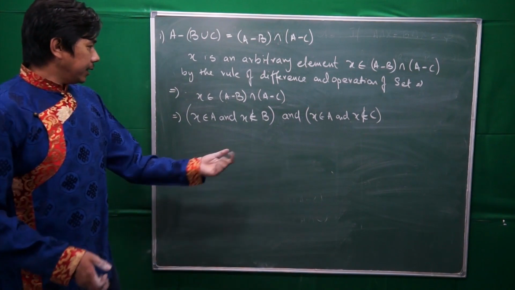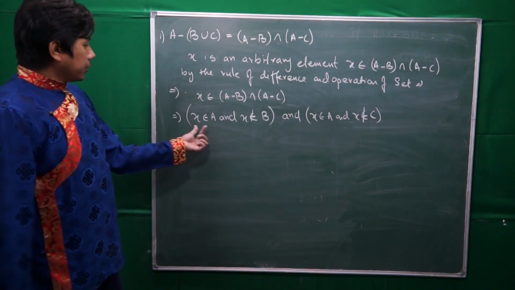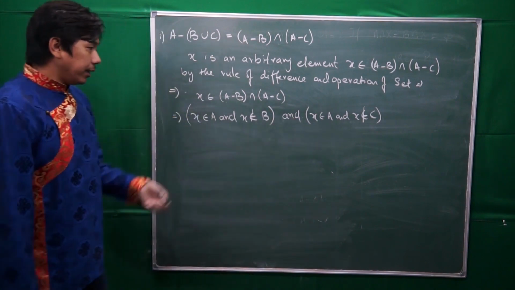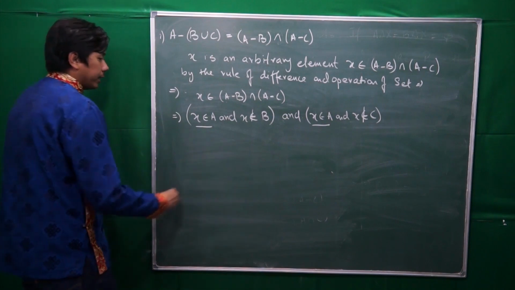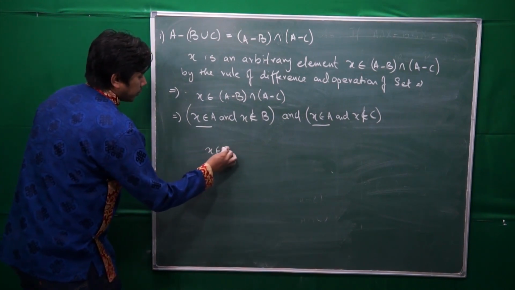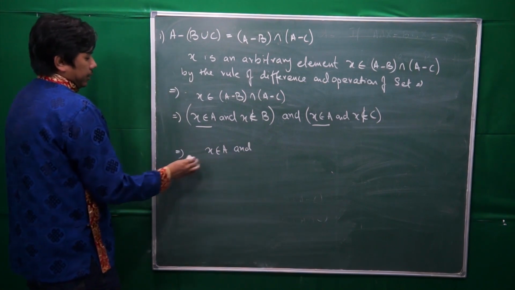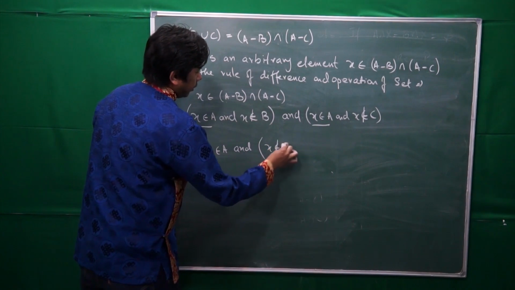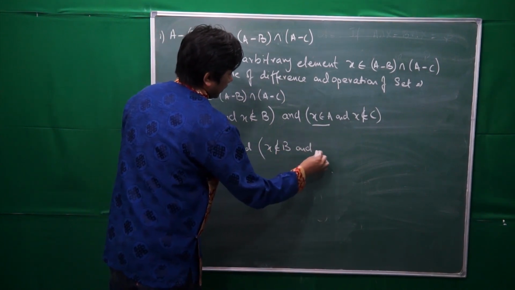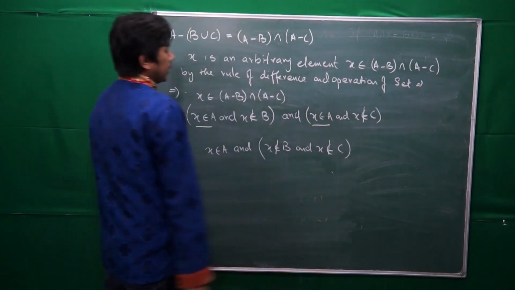Now since X belongs to A and X does not belong to B, what we will do is take these two common. X belongs to A, and taking this common, what is left? X does not belong to B and X does not belong to C.